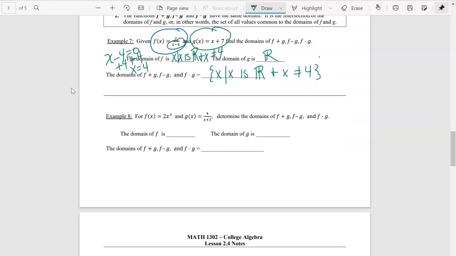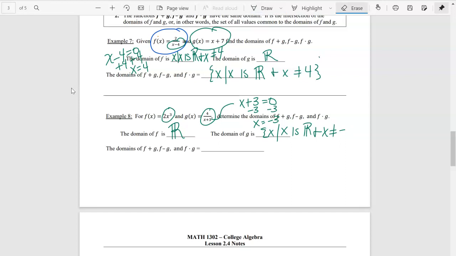Okay, it looks like on this one, f of x, 2x to the third, it doesn't have any problem because it's not a fraction. This is going to have some problems where x plus 3 is equal to 0. So we would subtract 3, and we would say x is negative 3. So the domain of g is all x's such that x is real and x is not equal to negative 3.